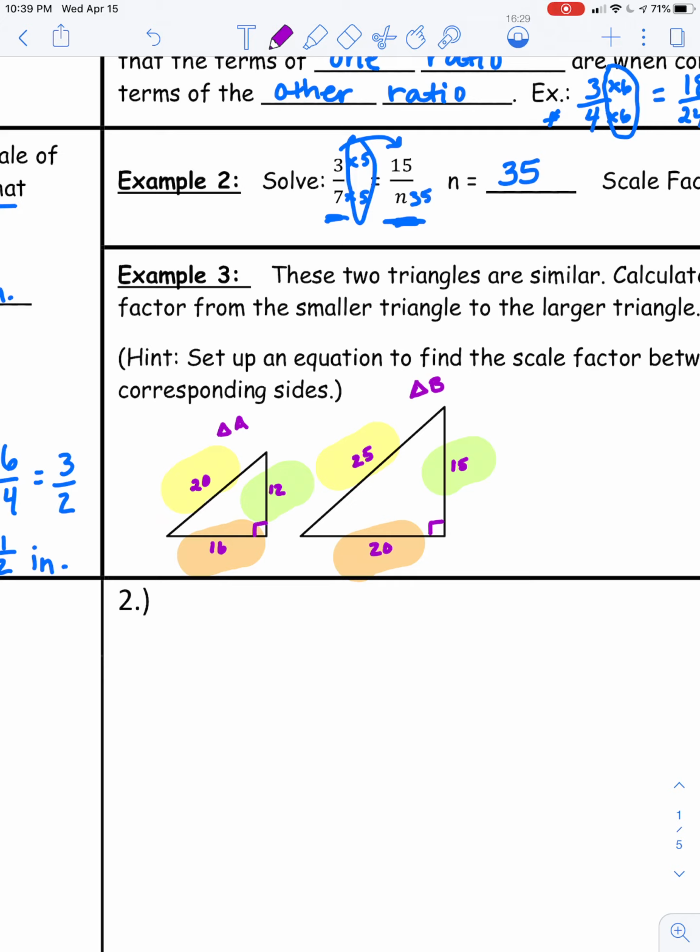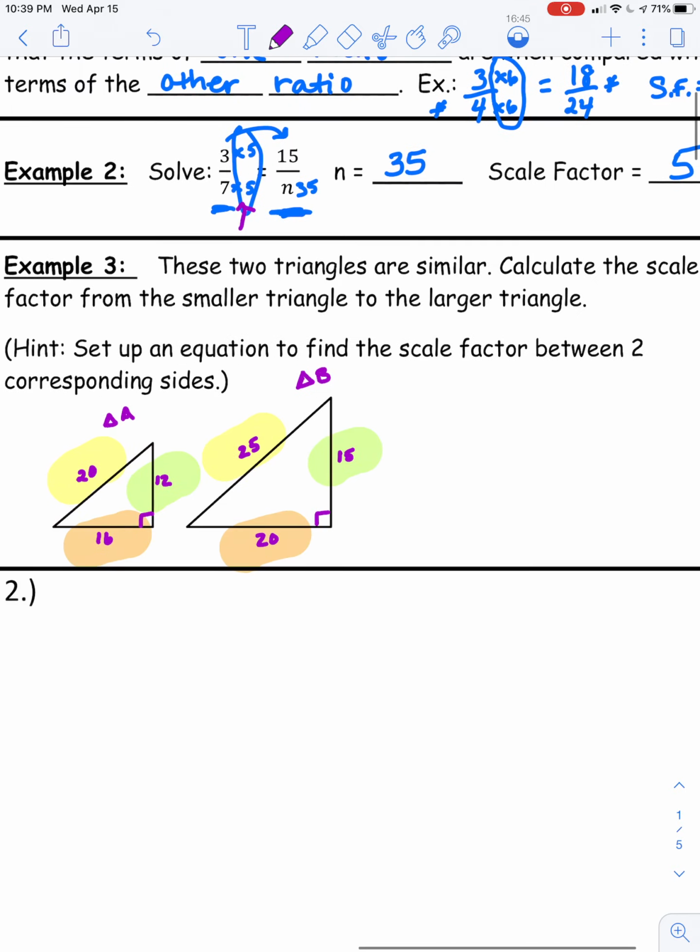So I have to kind of think back. How did I, in example 2, what did I do with my first ratio to arrive at my second? Well, I multiplied it with the scale factor. Remember up here? That one was easy to identify. Going from 3 to 15, the scale factor was 5. It's not as easy in example 3. But what I do know is I could take any one of my corresponding sides, and I'm going to choose this one here.